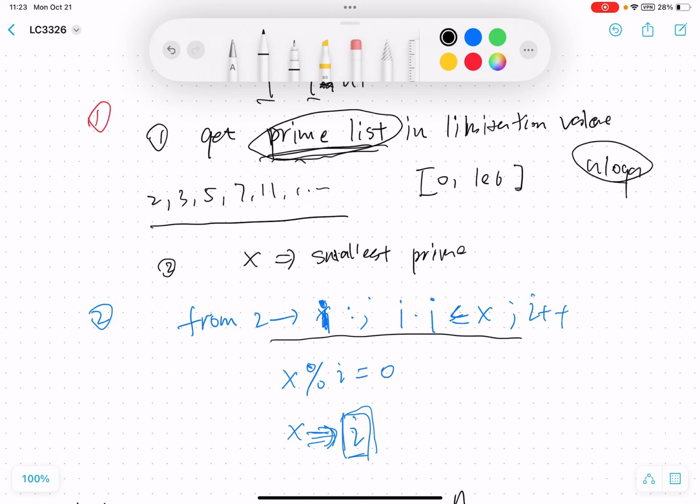And this list will be very short. For example, for 1000, it's about 100. That means there are about 100 primes in the range of 1000, and the maximum prime value we need in this problem is 1000, because the square root of 1 million is 1000.